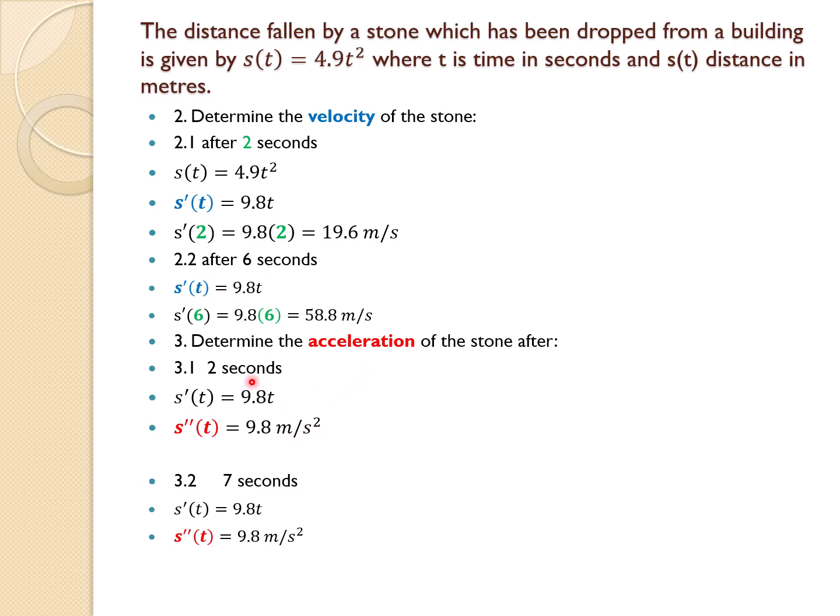So acceleration after 2 seconds stays 9.8. Even if I say 7 seconds, t falls away, it stays 9.8. So the stone is accelerating due to gravity, at the gravitational acceleration of 9.8 meters per second squared. Right, so I hope you follow.